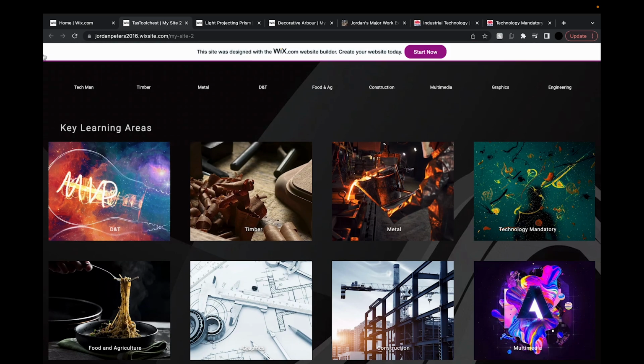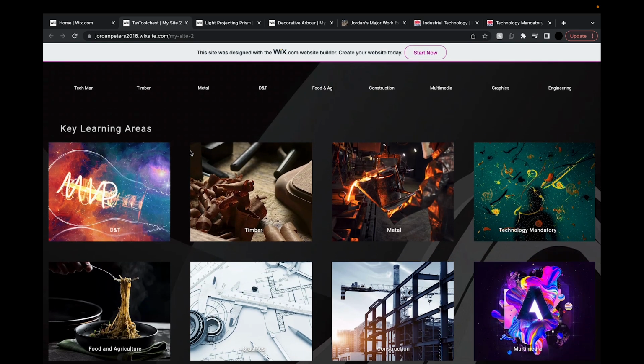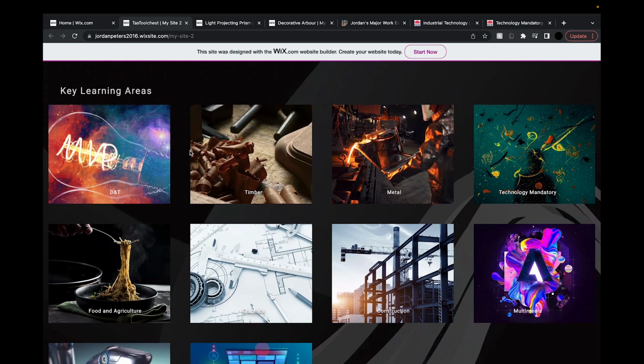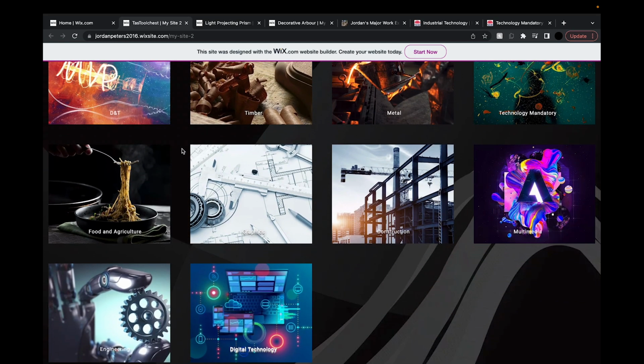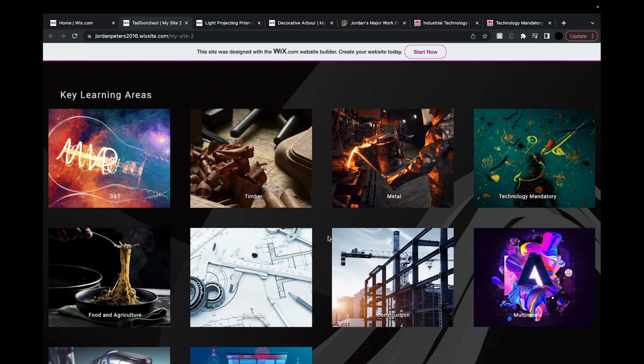Now, this website is good, but I think if anything, it's almost a prototype. I want to be able to have my own domain, of course, which I know you can purchase from Wix, but even the way Wix formats their building of the website is a little bit restrictive. So I think this is a prototype.